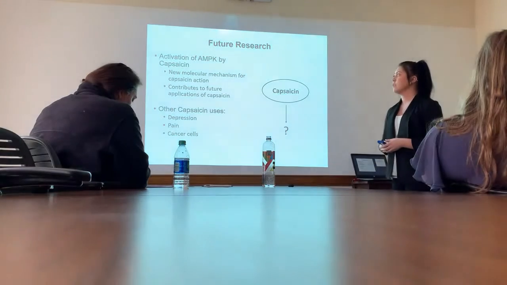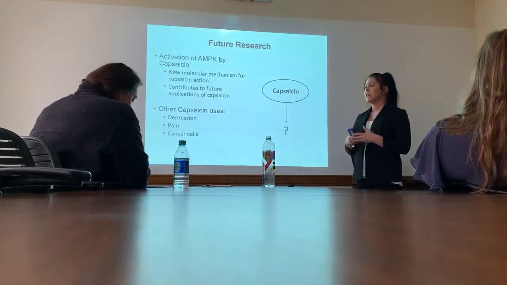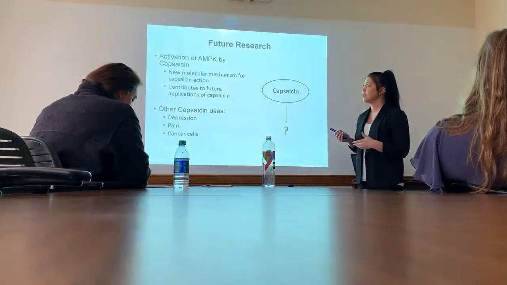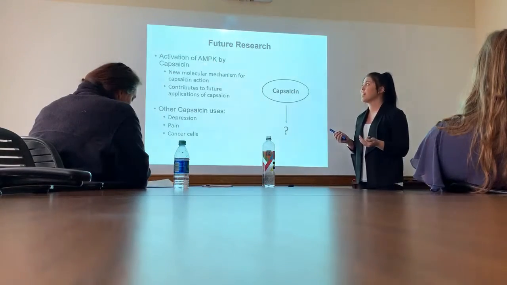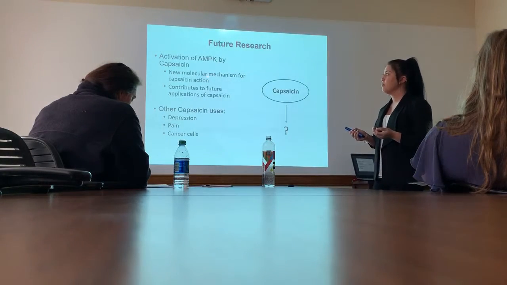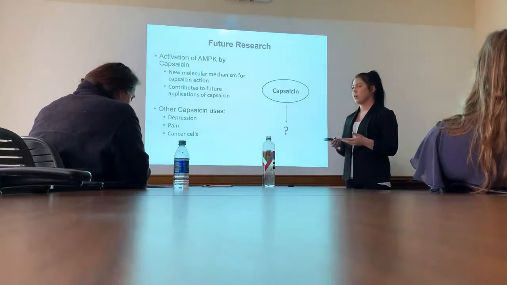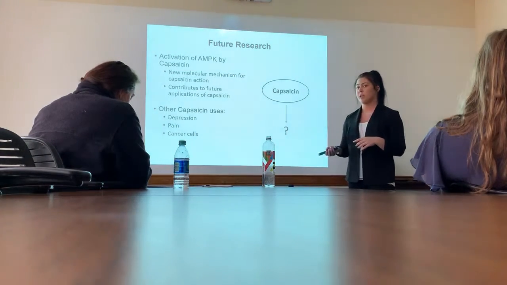So for some future research, I think it would be a good idea that once they have shown that the activation of AMPK by capsaicin has a molecular mechanism, I want to see how it contributes to other future applications.